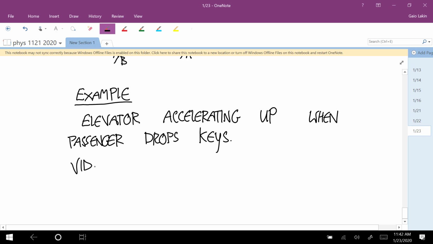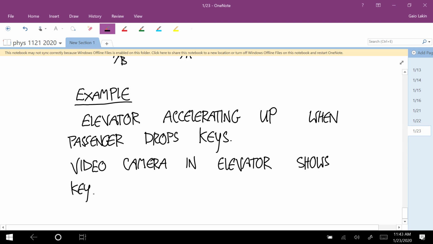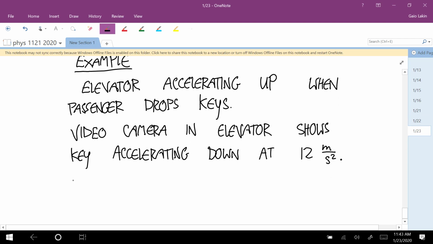According to a video camera in the elevator, it shows the keys accelerating down at 12 meters per second squared. What's the acceleration of the elevator?